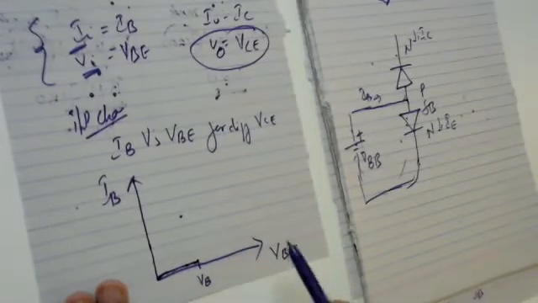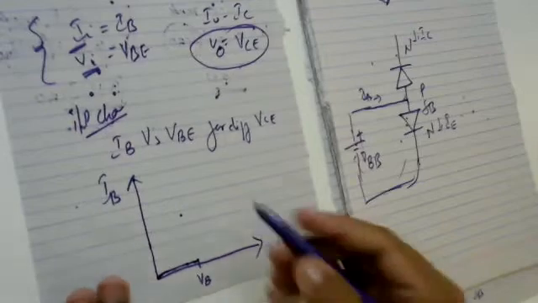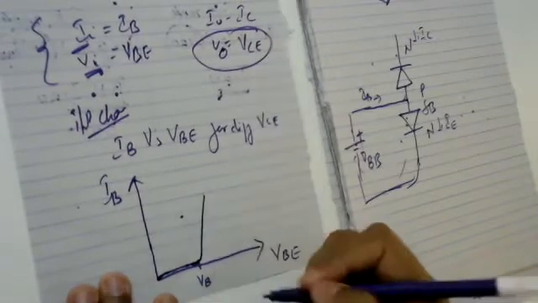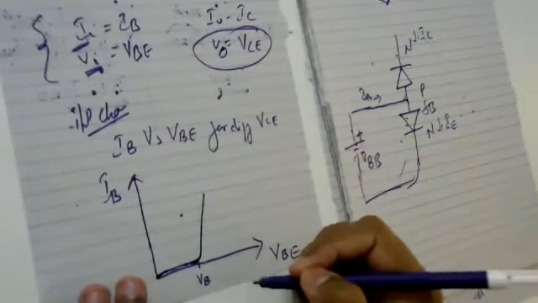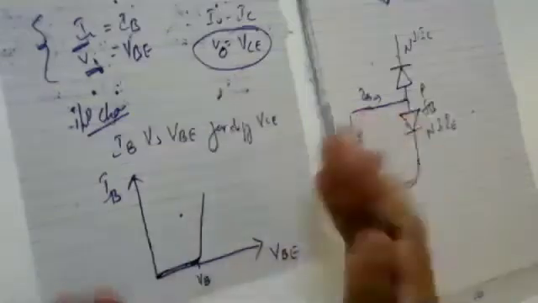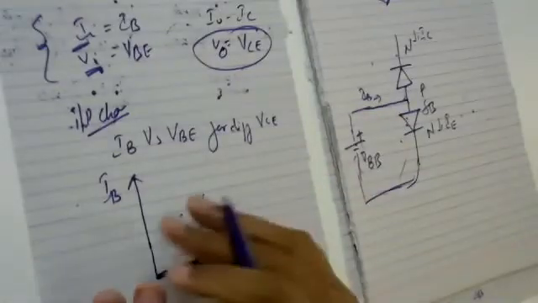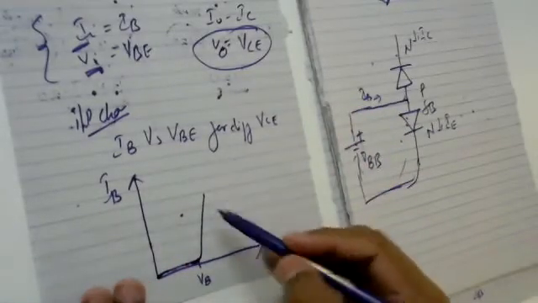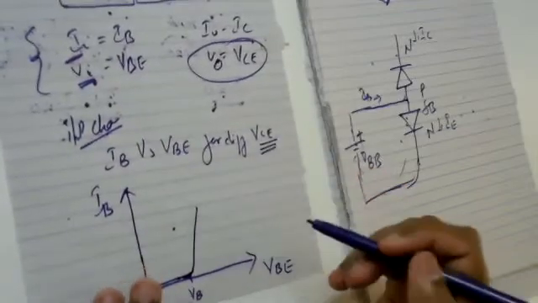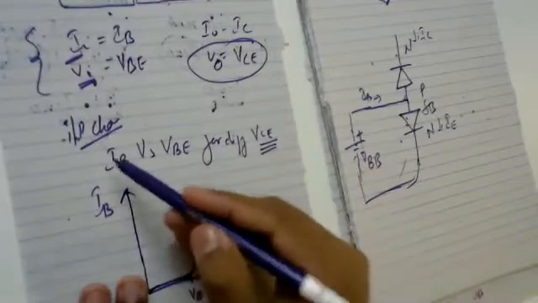Then the moment VBE becomes equal to or greater than VB, you can see an exponential rise in the current. Now you have to understand the effect of variation in VCE. What's the effect of variation in VCE on IB?